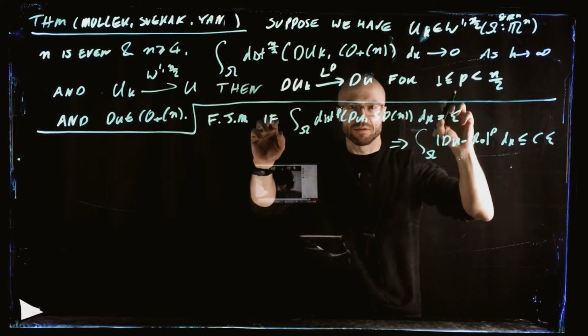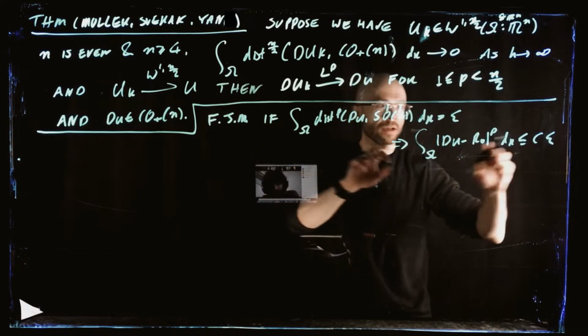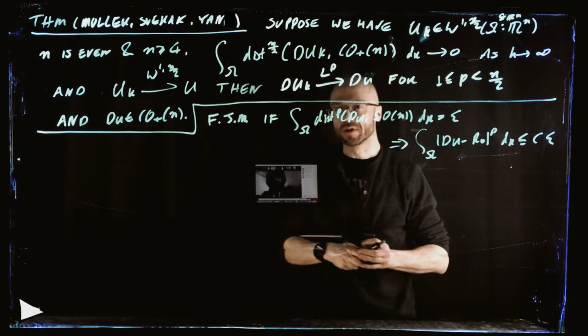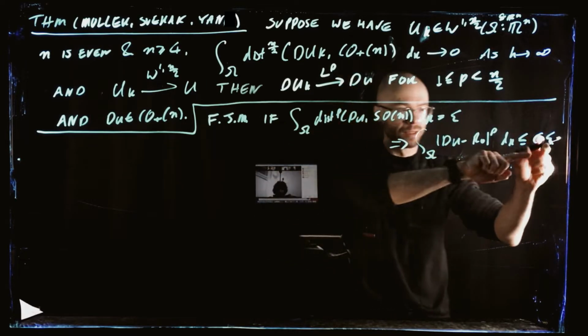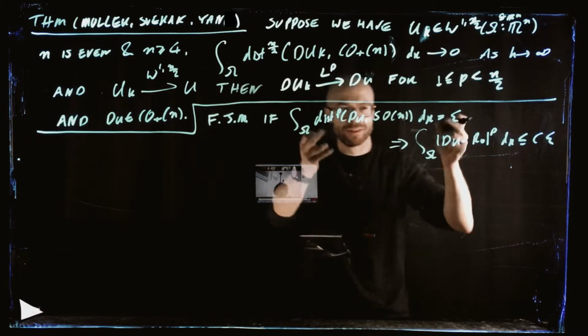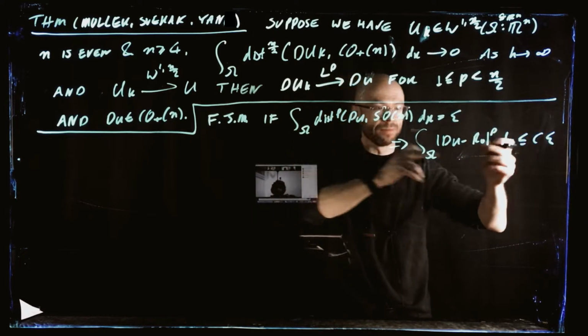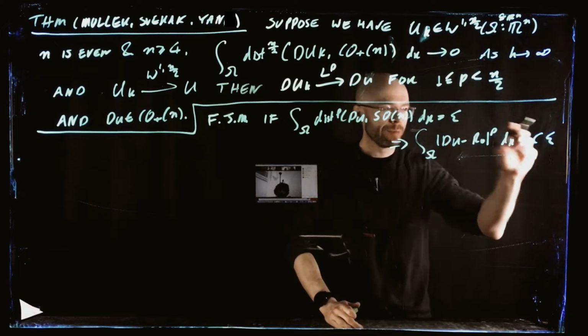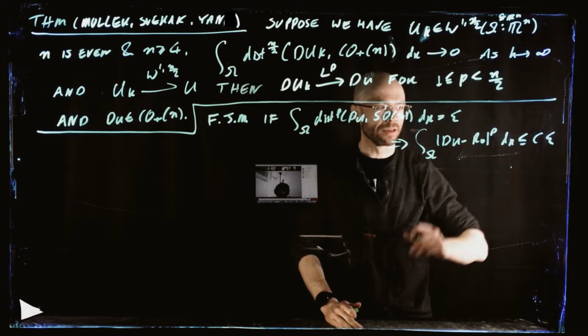So the hypothesis is of order epsilon and the conclusion is also of order epsilon, right? We have an optimal conclusion. We can't possibly do better than this because we have the same epsilon occurring in the hypotheses and in the conclusion, right?